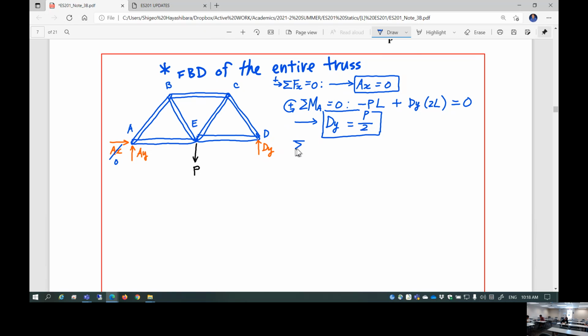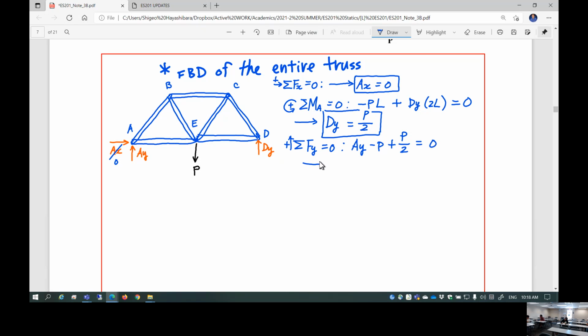And then the rest is summation of the force in y direction set equal to 0. This is going to give you AY minus P plus half P, which is DY, equal to 0.